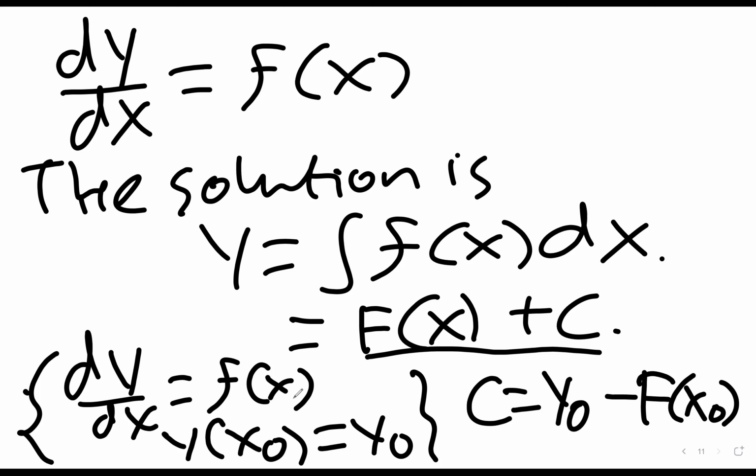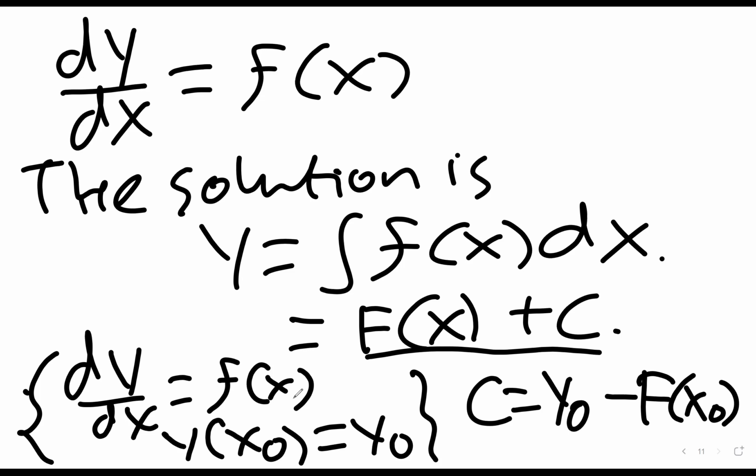Okay. Now, of course, this is just a limited case of differential equation. There are many other cases. For example, the differential equation involves a higher order derivative, but it can be solved. If the left-hand side is the second derivative, then we should find its first derivative, and after finding its first derivative, we find the function itself, function y.